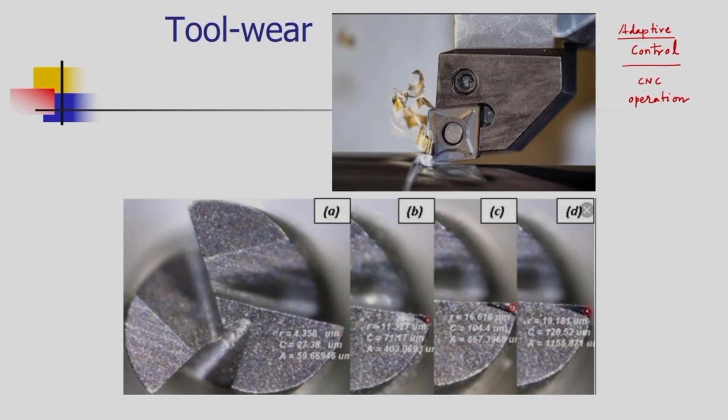In adaptive control, the tool, machine and workpiece are protected from the damages caused by malfunctioning of the machine. So, we have to protect tools, machine components and workpiece from malfunctioning or unexpected changes in the machine behavior.